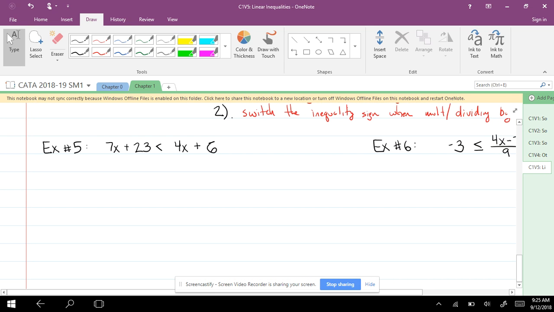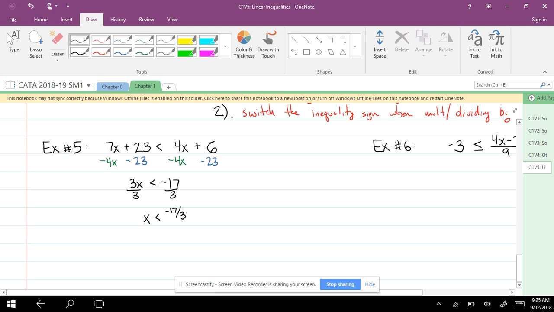So in this example, I'm just going to do my normal steps. I'm going to bring over this 4x. I'm going to bring over this 23. I'm left with 3x is less than negative 17. I'm dividing by a positive number.